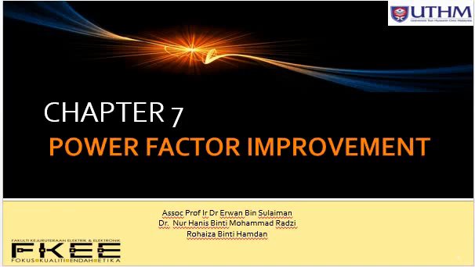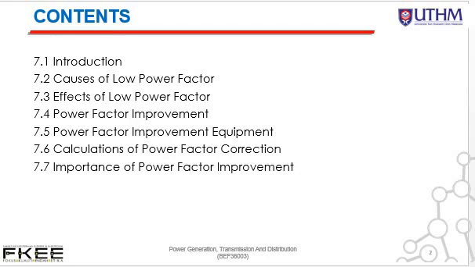Today we will continue our discussion with chapter 7, which is power factor improvement. As you can see in this chapter, there are 7 subtopics that will be covered, beginning with 7.1, which is the introduction, causes of low power factor and effect of low power factor in 7.2 and 7.3, power factor improvement and power factor improvement equipment in 7.4 and subtopic 7.5.